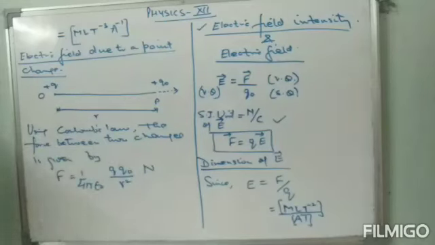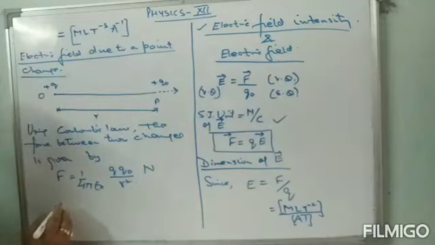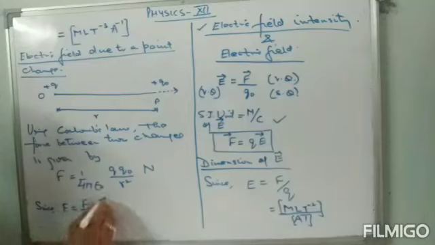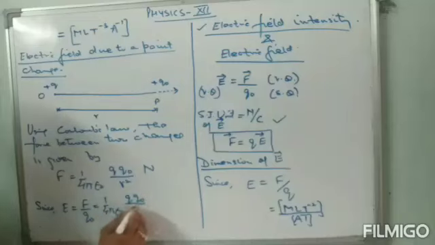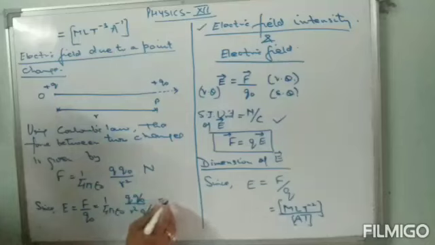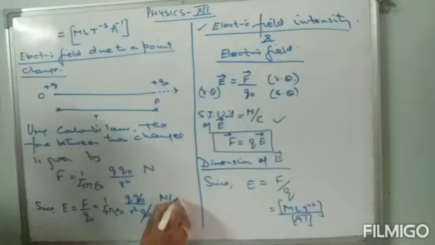But we are supposed to find the electric field intensity. So we can say since E is equal to F upon q naught, put the values: 1 upon 4 pi epsilon naught, Q q naught upon R square, q naught cancels, and the unit will be Newton per Coulomb.